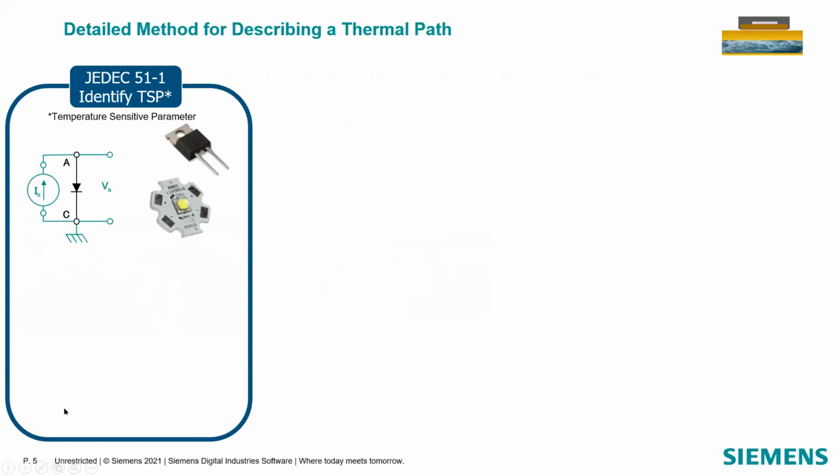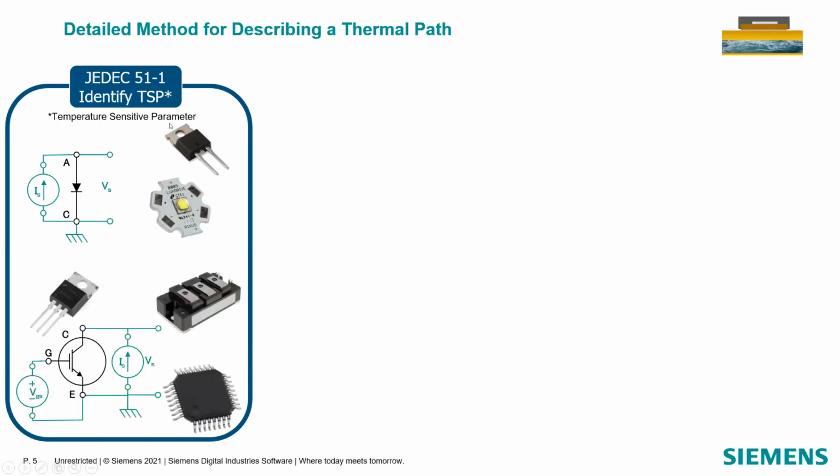The way we do this is based on electrical temperature measurements. So we are following a set of JEDEC standards, JEDEC JESD51-1, which start with an identification of a so-called temperature sensitive parameter. You see here two examples.